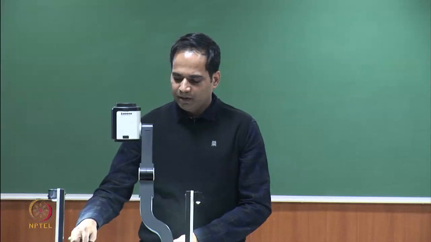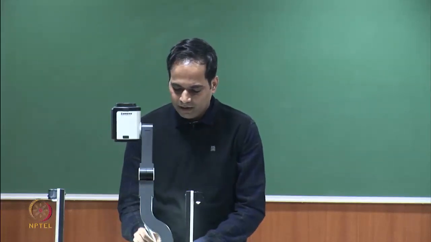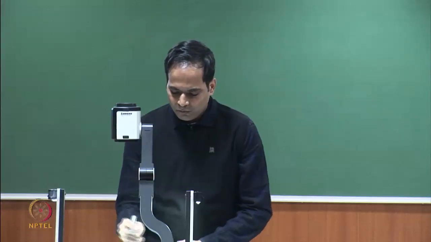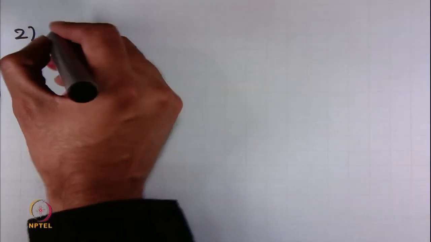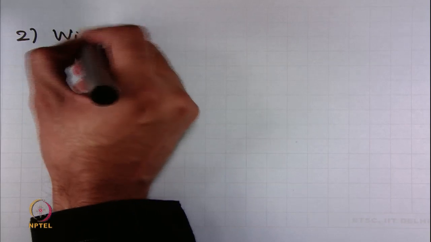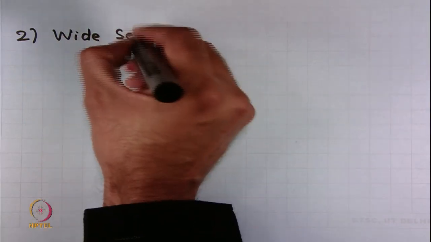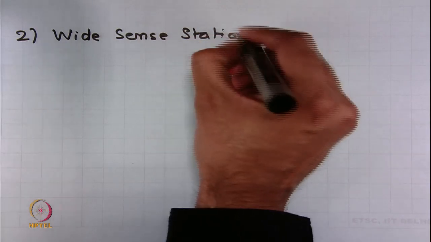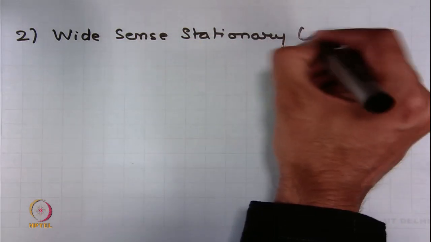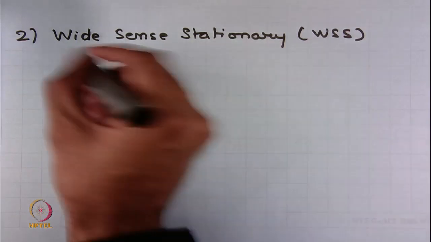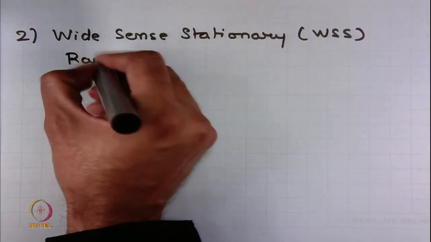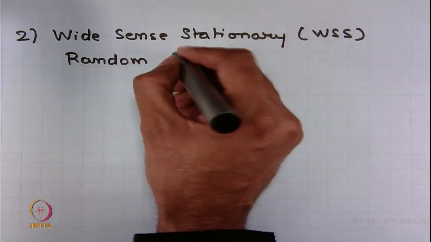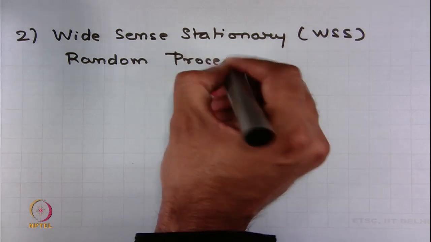Now, let us define another class of random processes, which are known as wide-sense stationary, in short WSS, wide-sense stationary random processes. And what are they, right?